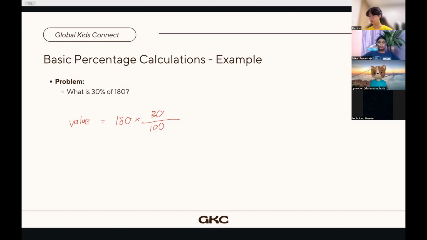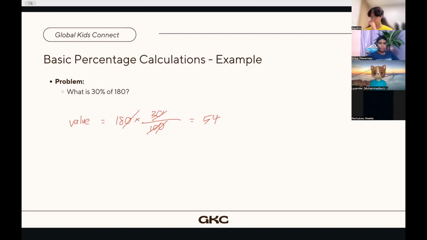You can do this by hand: simplify everything, get rid of the zeros, divide each side by 10, and we can say that it's 54.